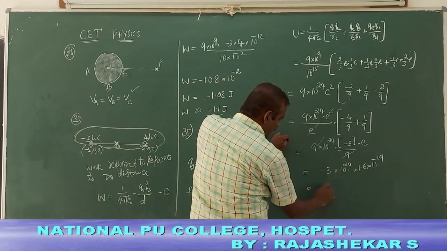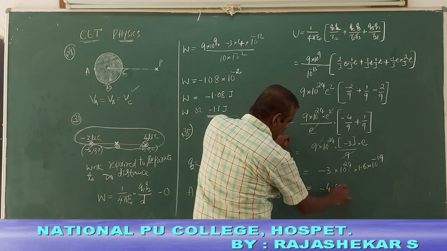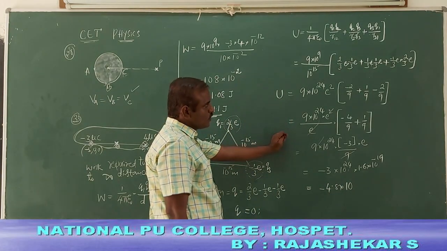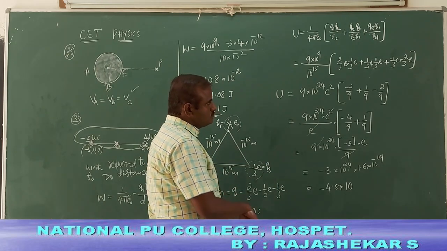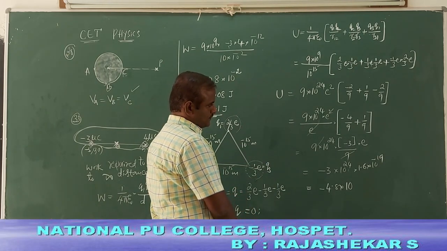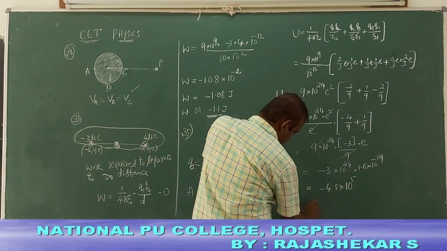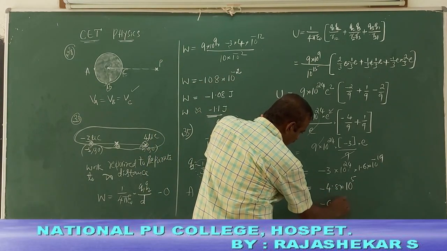16 3 is 48, minus 4.8 into 10 to the power 24, and then 19 goes, it will be minus 0.48.